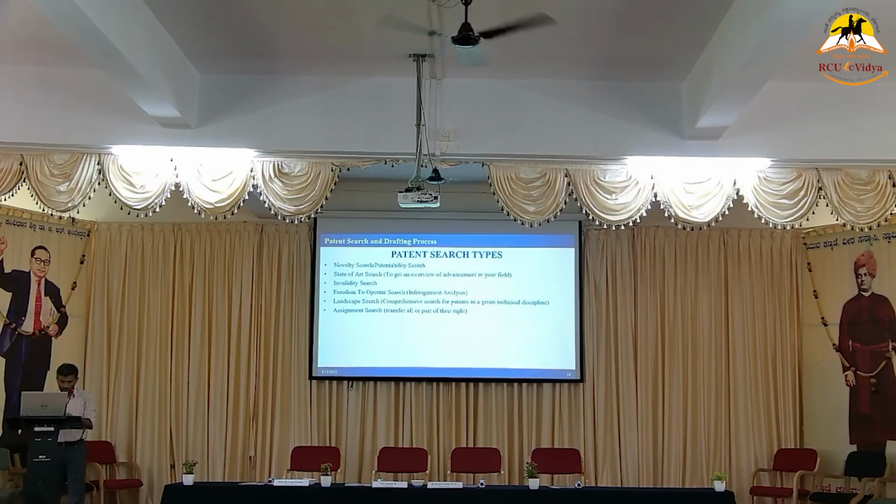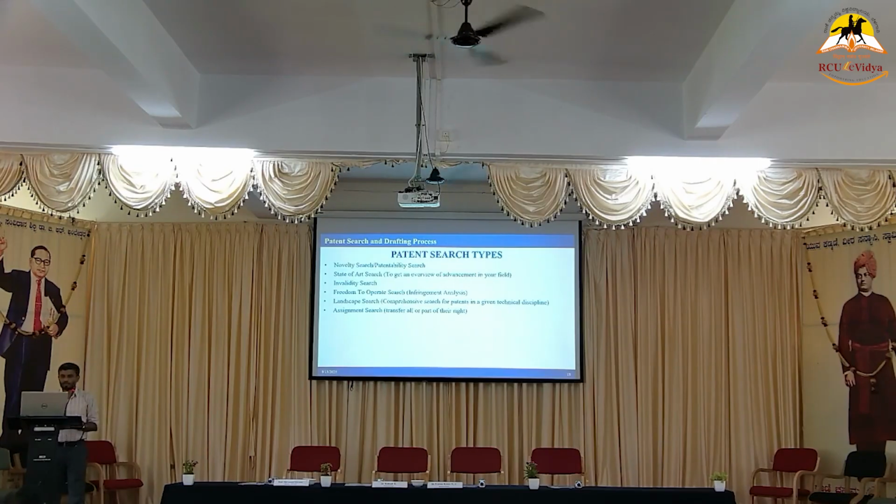Invalidity search says whether it can be applicable in which area of the field. If it is for a different one, that will become invalid. Whatever the product or the patent you are applying, it should be for some field. If you are applying the same one for some other field, it is invalid.